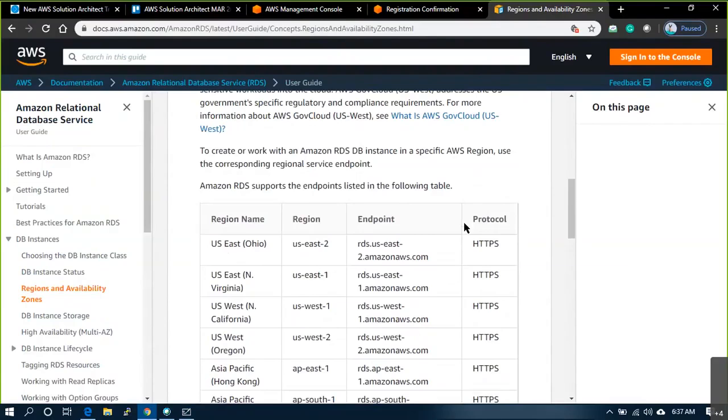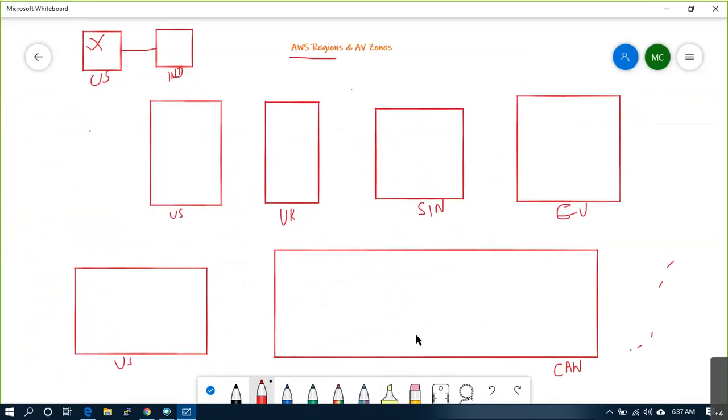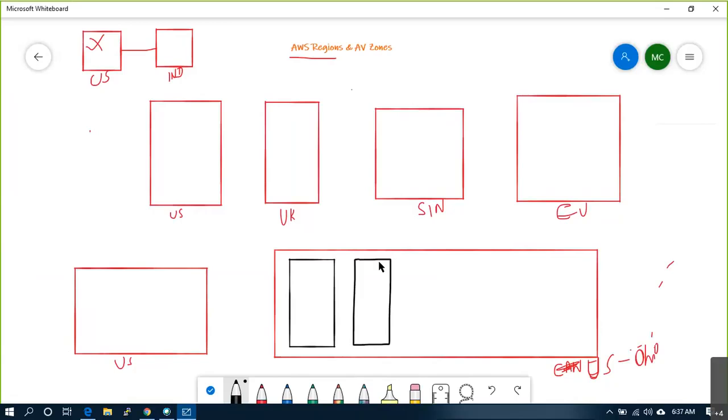What is an availability zone? Let's say this is US, Ohio. They have a region, and inside the region they have six separate buildings. Understand what I'm saying?